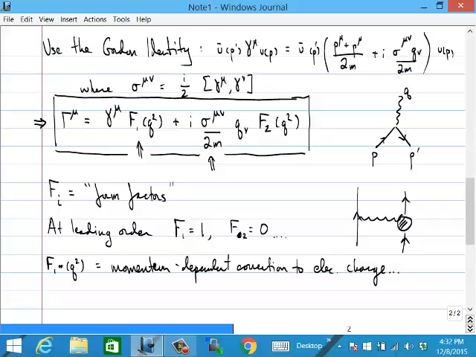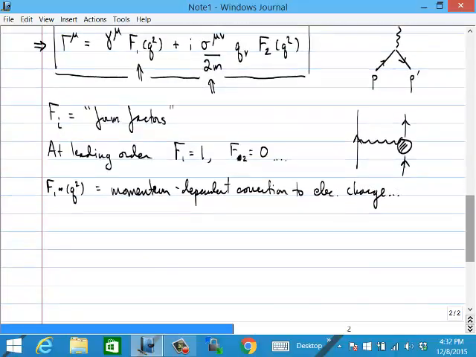And intuitively, you can understand how it is that the effective value of the electric charge will increase as you go to shorter and shorter distances. Roughly speaking, one way of thinking about that is that you think about, say, your proton here. So there's your proton.